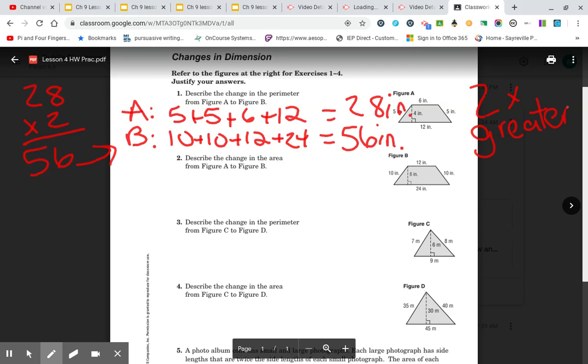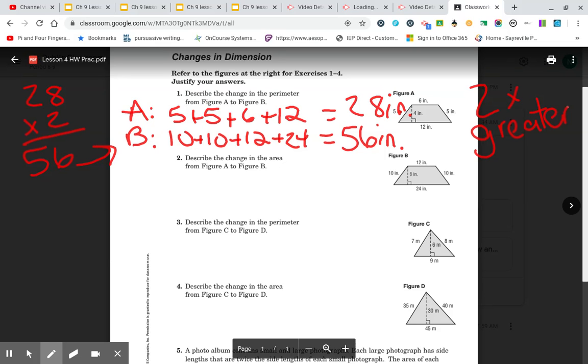For number 2, describe the change in area from figure A to figure B. So now you need to do the area of the trapezoid. Now this, you actually have to do the area, which is that area equals 1/2 the height times base 1 plus base 2. I'm not going to have a lot of room to write here.